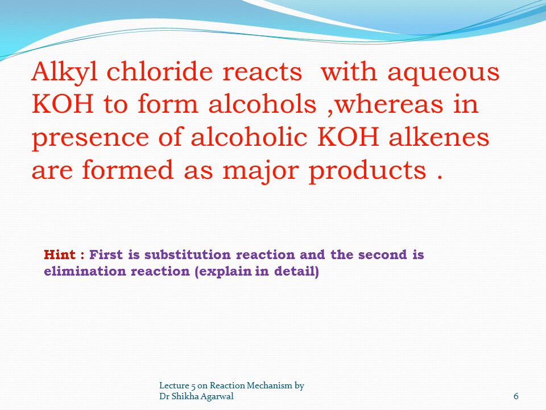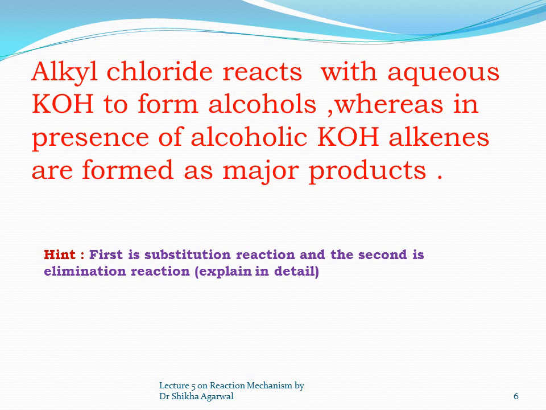Now, why do alkyl halides react with aqueous KOH to form alcohols, whereas in the presence of alcoholic KOH, alkenes are formed as major products? The reason being, the first one, that is the alkyl halide reacting with aqueous KOH, is a substitution reaction, whereas when it reacts with alcoholic KOH, it is an elimination reaction.